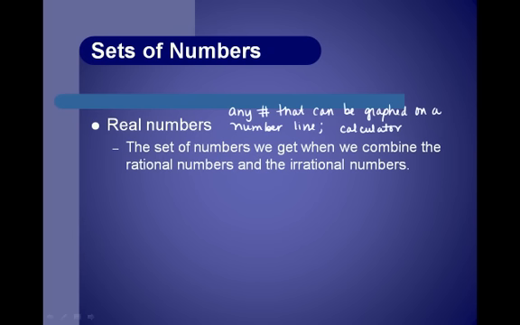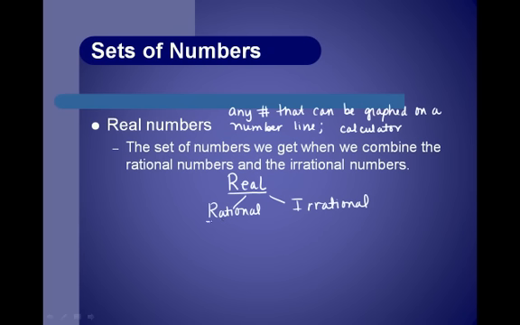If you're interested in a picture, we've got the set of all real numbers up at the top. This includes most all numbers. Every real number is either going to be rational or it's going to be irrational. Just a note, a number cannot be both rational and irrational.